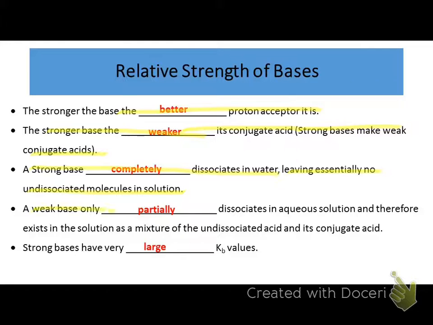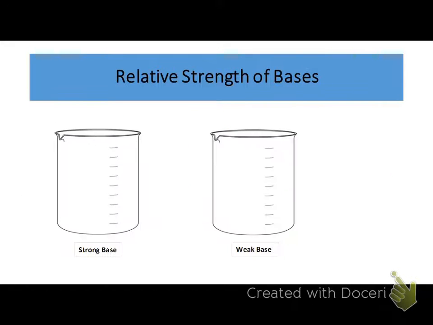Whereas a weak base only partially dissociates in aqueous solutions, and therefore exists in the solution as a mixture of undissociated base and its conjugate acid. And then finally, strong bases have large Kb values, as we discussed before.